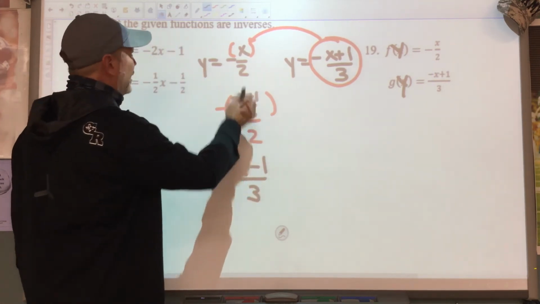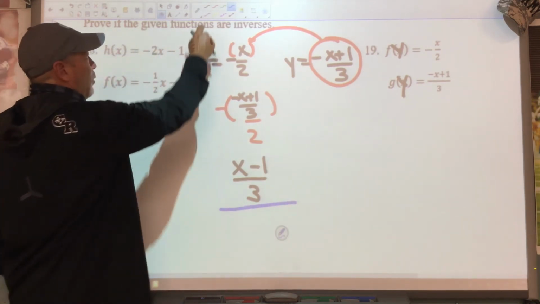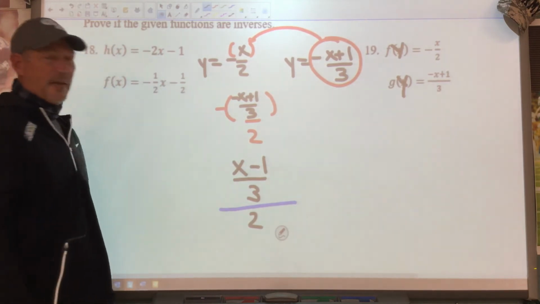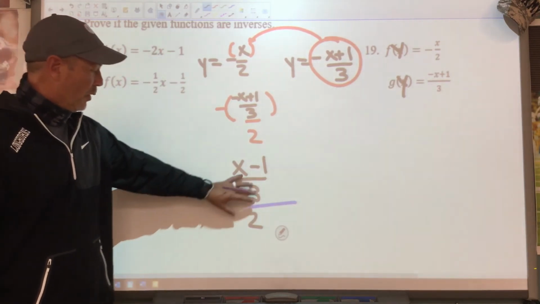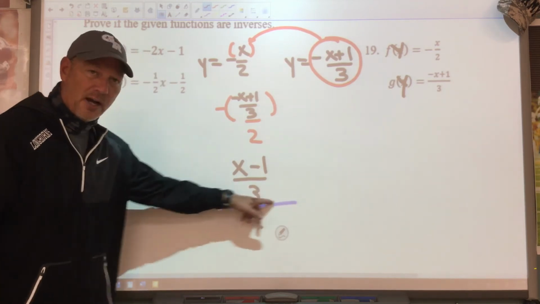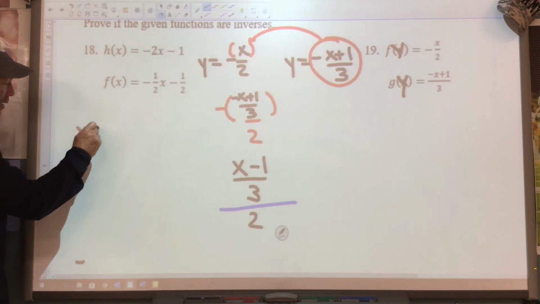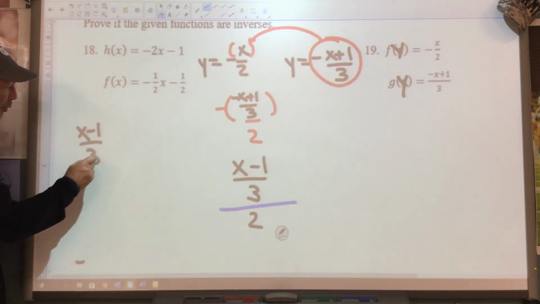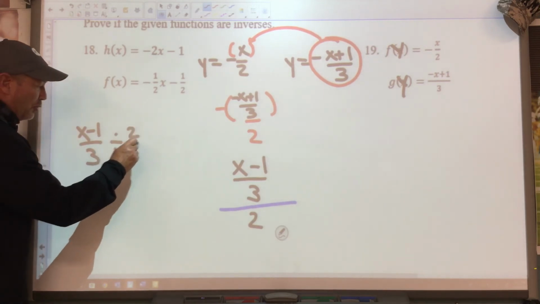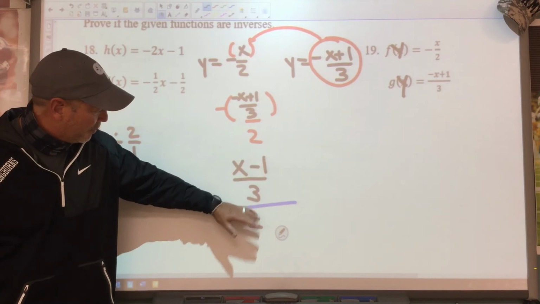But we're divided by what number? Divided by 2. Now that's a weird situation, because what does this mean? The fraction bar means to divide. So what that means is x minus 1 over 3 divided by 2, or 2 over 1. This piece divided by this.